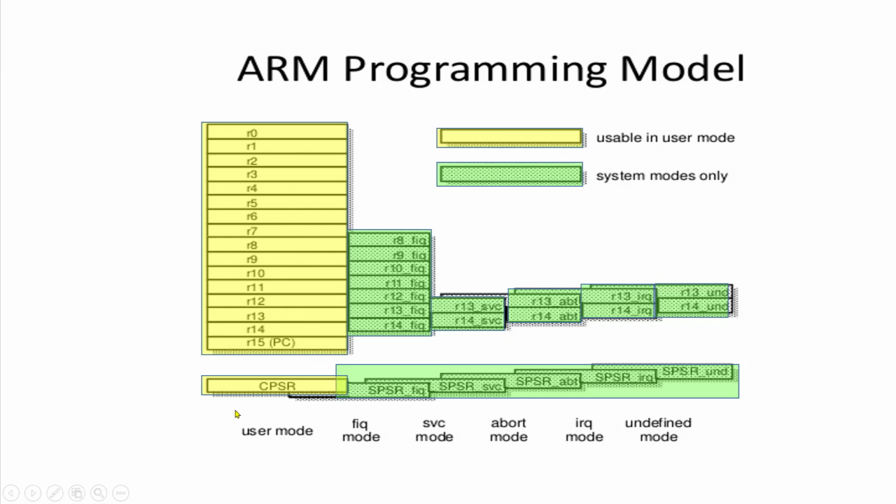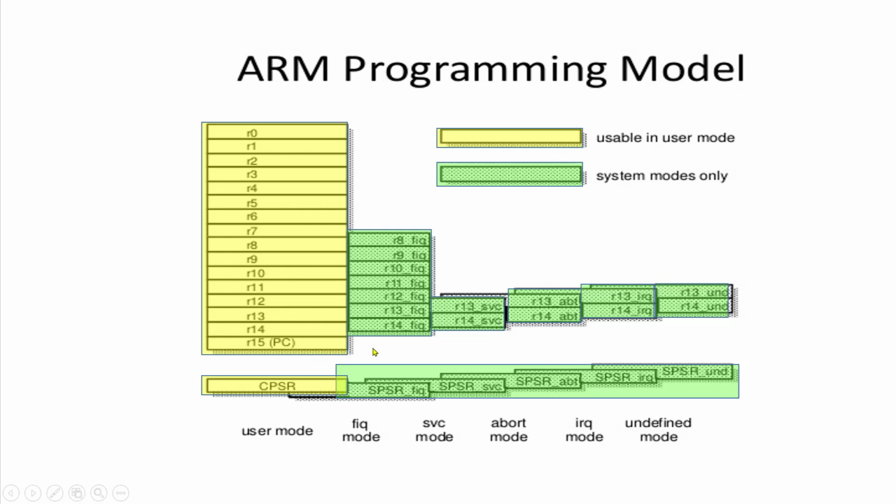Most of the application programs are executed in user mode only, but all the other privileged modes come into the picture when an interrupt comes from the peripherals or during exceptional cases. The ARM processor will change its modes of operation in response to a software instruction, an interrupt, or exceptions.